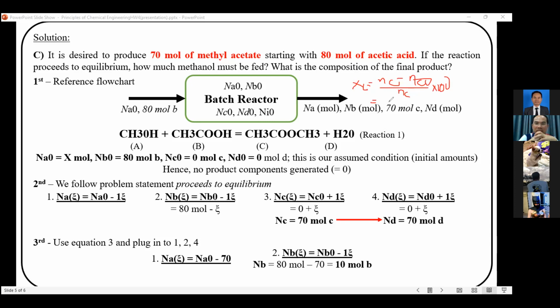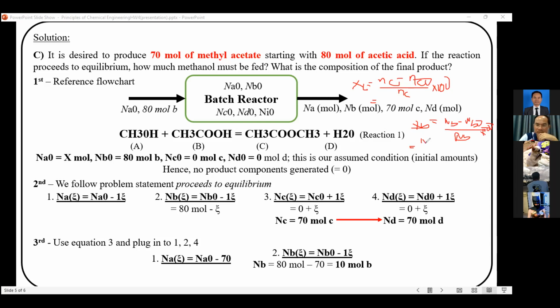It's better to calculate from the reactant, like A or B. That's right. So NB0 minus NB over NB0 times 100. So 80, oh no, 10, that's right.